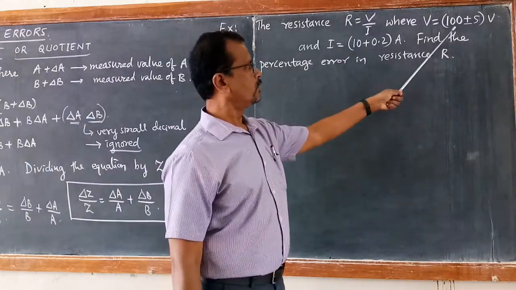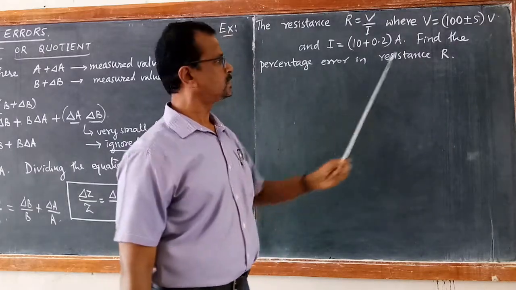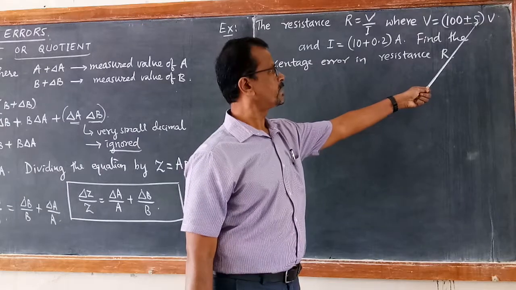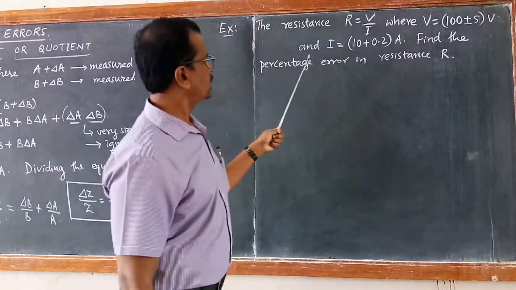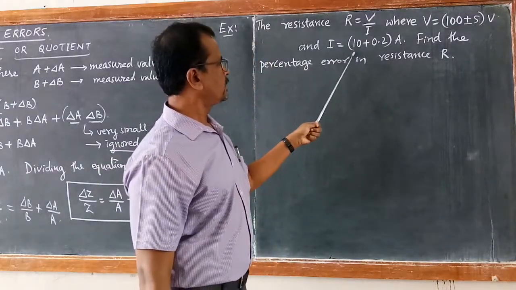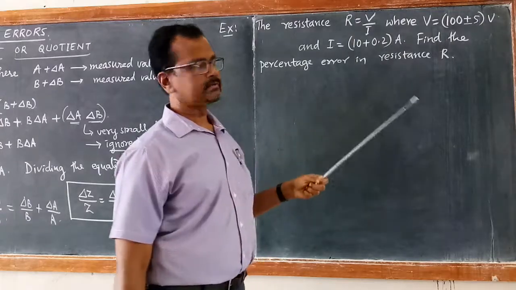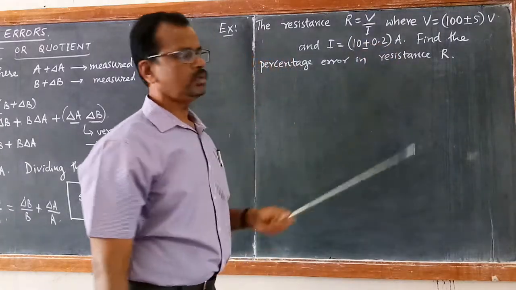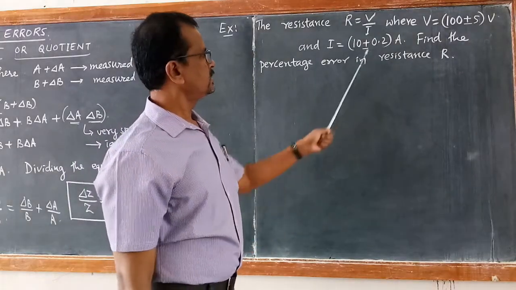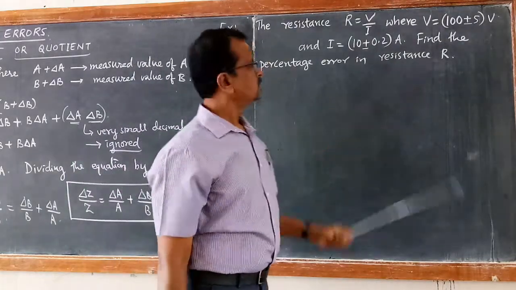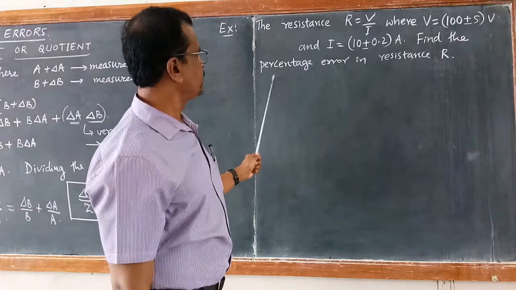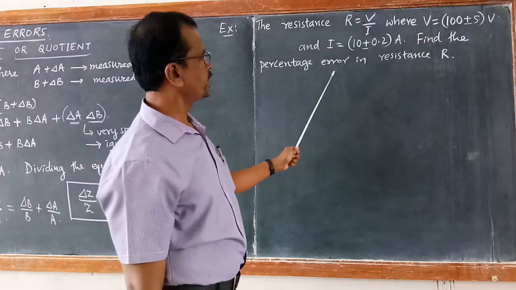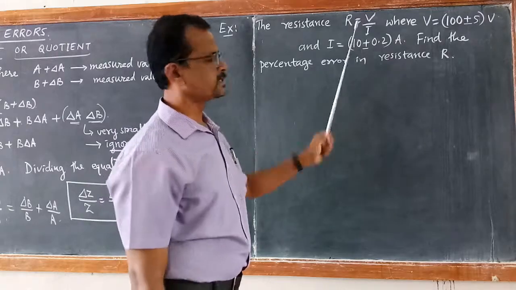So 100 volt is the expected result, but there is an error of plus or minus 5 volts, and current is measured to be 10 plus or minus 0.2 amperes. So these are the absolute errors. So the question is, find the percentage error in the resistance R.